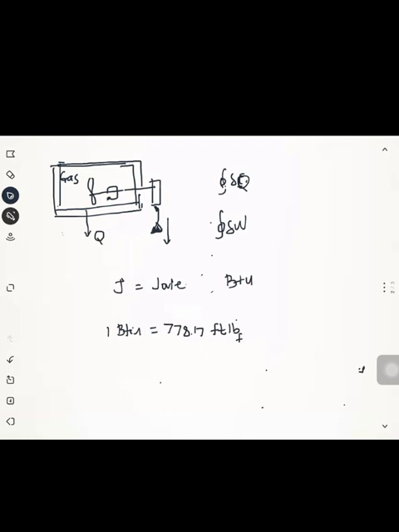So therefore we can write the cyclic integral on the basis of consistency of units.